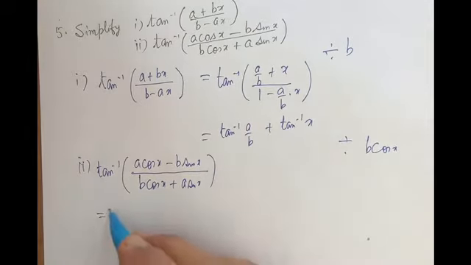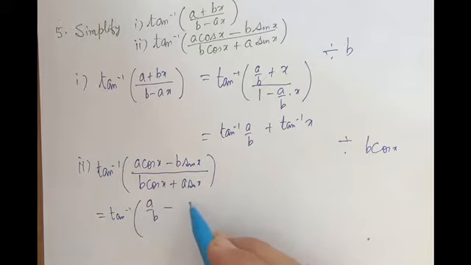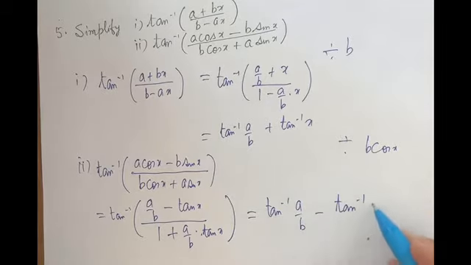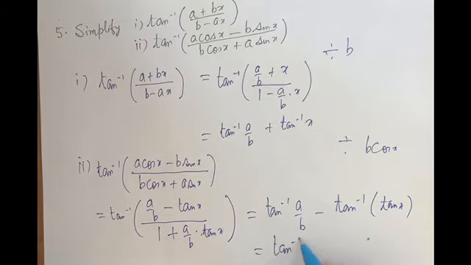This is tan inverse of a cos x upon b cos x is a upon b, minus b sin x upon b cos x, this will be tan x, upon 1 plus, b cos x upon b cos x is 1, a by b into this will be sin x upon cos x, that is tan x. And this can be written as tan inverse of a by b minus tan inverse of tan x, which is tan inverse of a by b minus x.